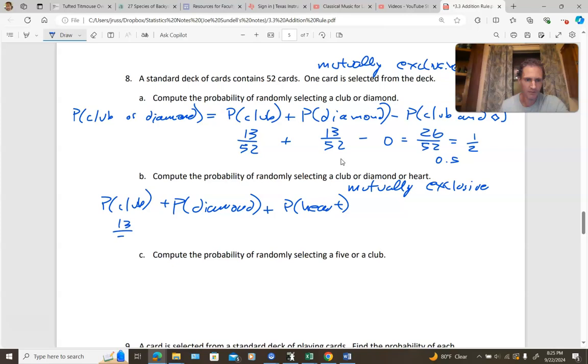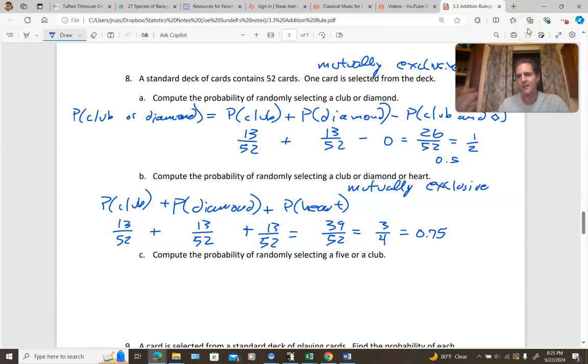So this would be 13 out of 52 plus another 13 out of 52 plus the last 13 out of 52, and this is going to be a total of 39 out of 52, which is the same as 3/4 or 75%. Because there's 3 suits, and we're talking 3 suits out of 4, so that's 75%.